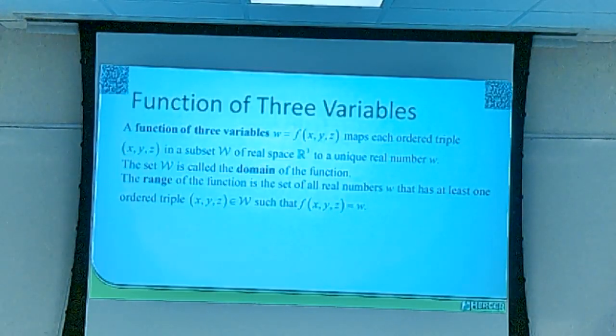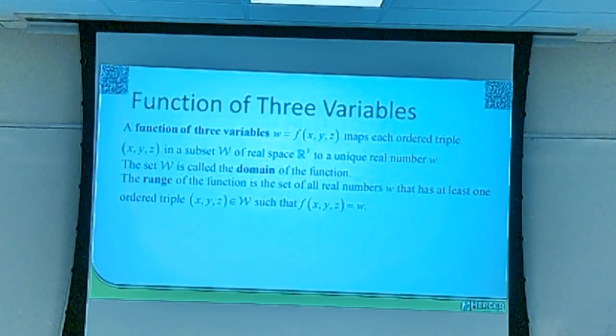And then three-variate functions of the form w equals f of x, y, z. This maps ordered triples in space to a unique real number w. So that set of ordered triples is the domain. All your values of w is the range. And again, notice what this is doing.